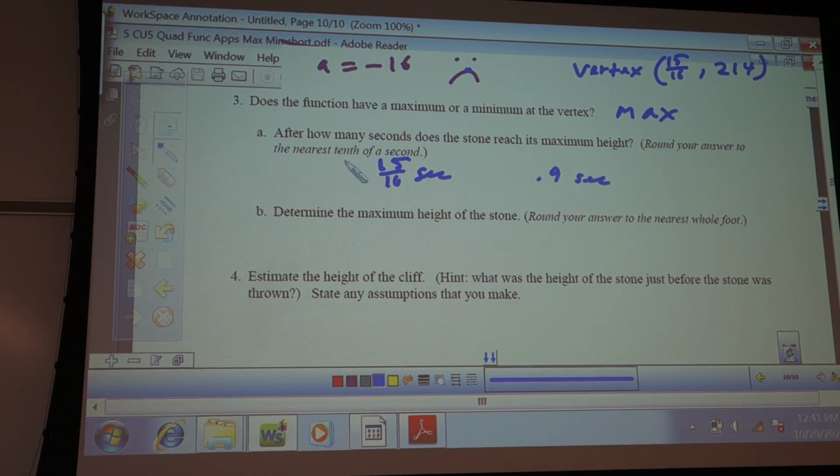They asked us to round to the nearest tenth. Yes? Okay. When does it reach the maximum? Round to the nearest whole foot, 2 feet.